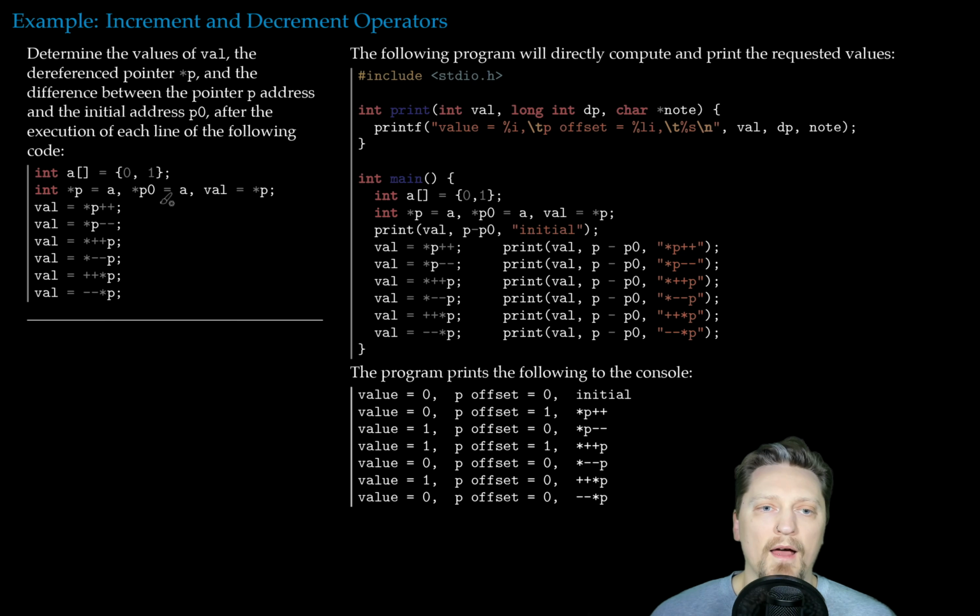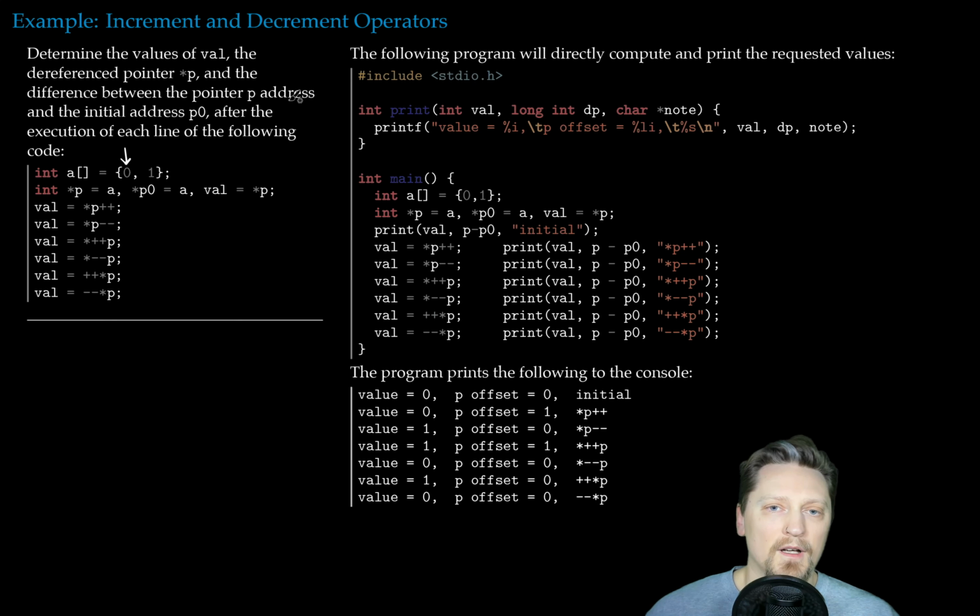And we're going to have a pointer that will also be initialized to the first value of the array that we're not going to be moving. So p0 is always going to point there. And then we're going to have val be starting out as the dereferenced p, which is to say dereferencing the pointer to the first element of the array, which should be 0 to start.